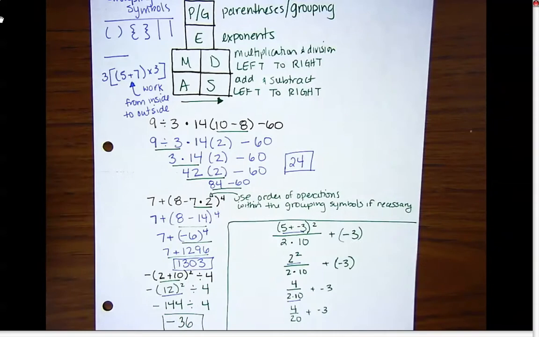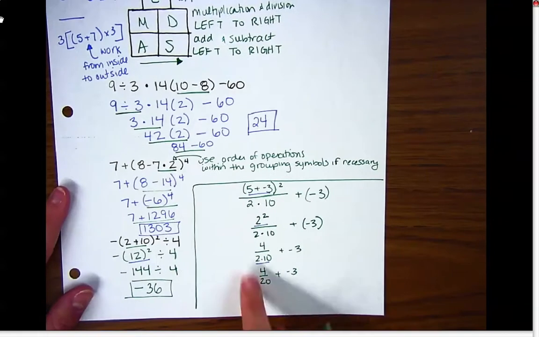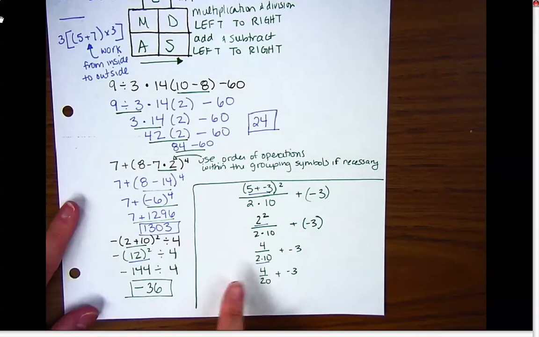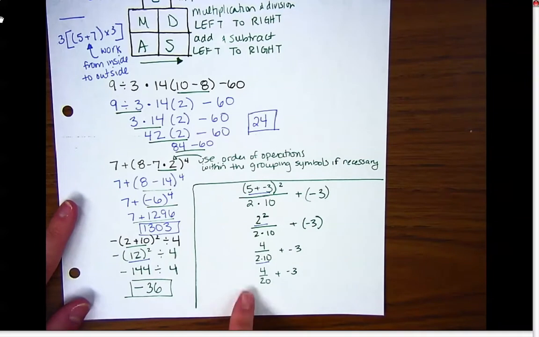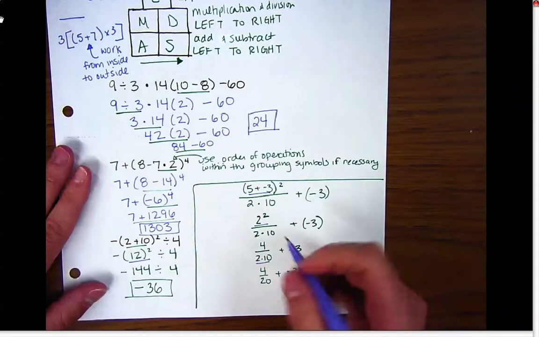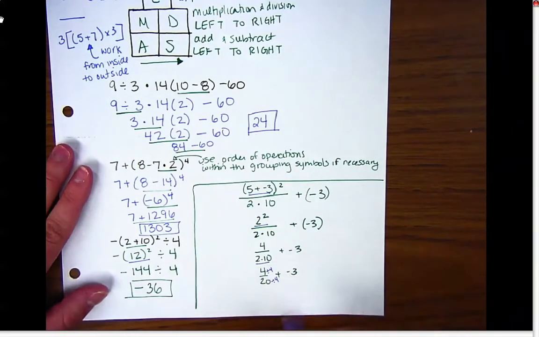At this point, I have a couple of options as to how I want to proceed. I could take 4 over 20 and change it to a decimal. We haven't talked about that, but you may know what it is. Maybe I want to simplify 4/20ths. I think I'm going to simplify 4/20ths. To simplify 4/20ths, I'm going to divide each number by 4, and that's going to give me 1/5.